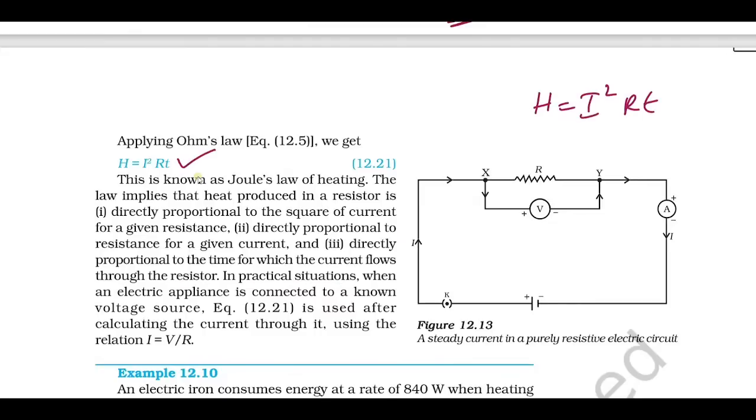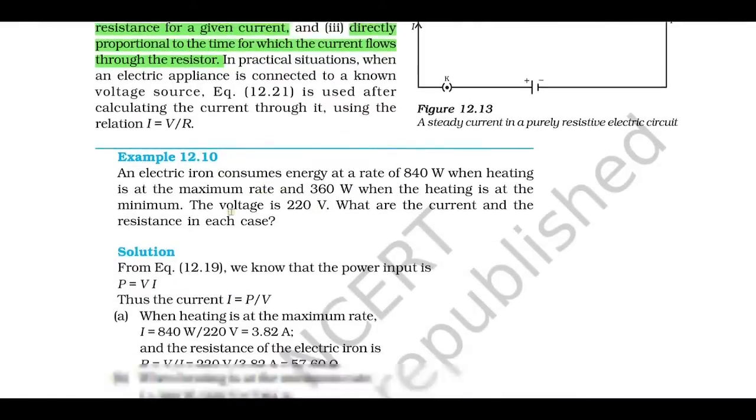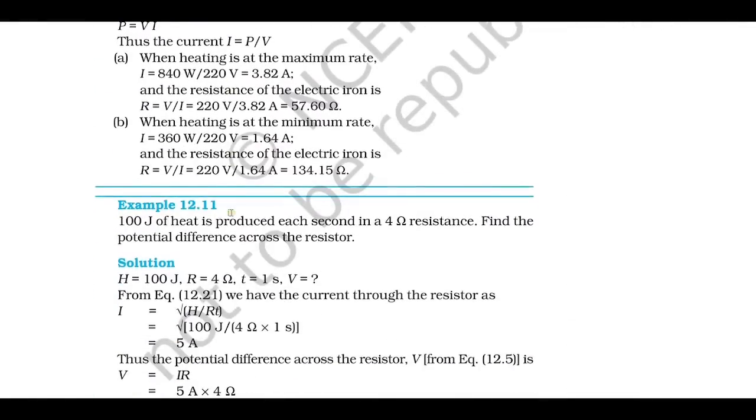The heat generated in a conductor is directly proportional to the square of the current, directly proportional to the resistance for a given current, and directly proportional to the time for which the current flows through the resistance. So this is a very important 2-mark law, or if you don't get the law for 2 marks, definitely you can expect a 2-mark numerical. It will be from the textbook itself.